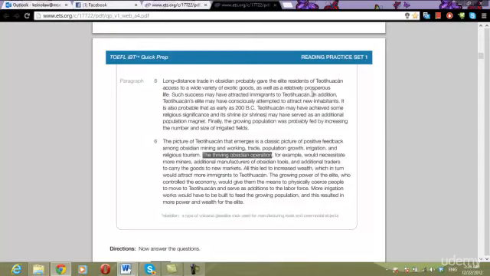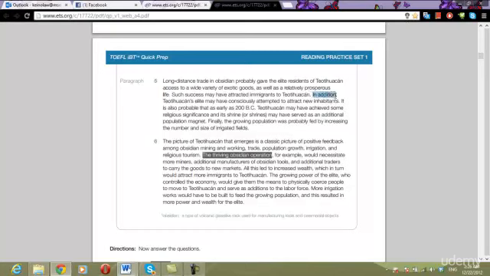Let's look at our other one also, just so we can look at it now before we look at our answer choices. The other one says, in addition, Teotihuacan's elite may have consciously attempted to attract new inhabitants. Look here, it is. Alright, so this is a very tricky question, so be really careful.